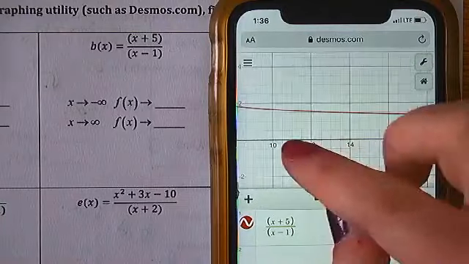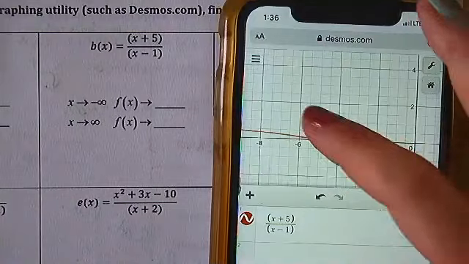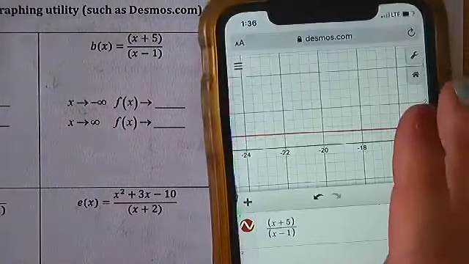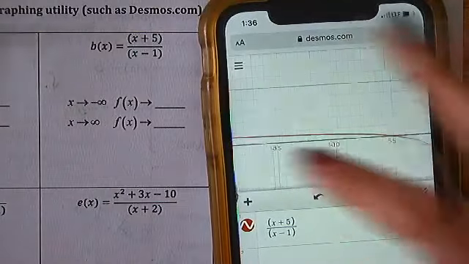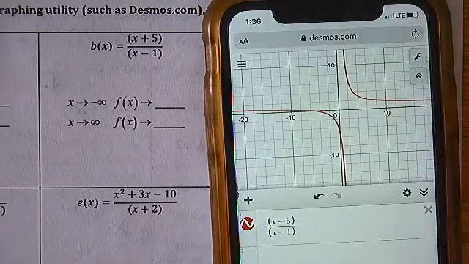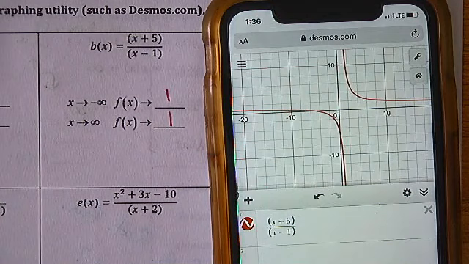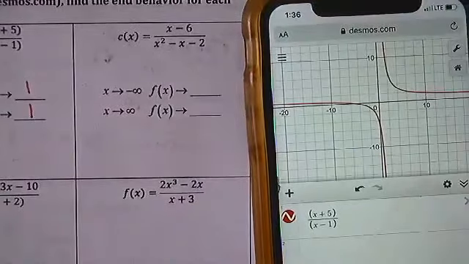Which if you guys look at the y-axis is 1. And the same thing's happening over here. Is this getting closer and closer to the second box above the x-axis? Yeah, so this graph approaches 1.